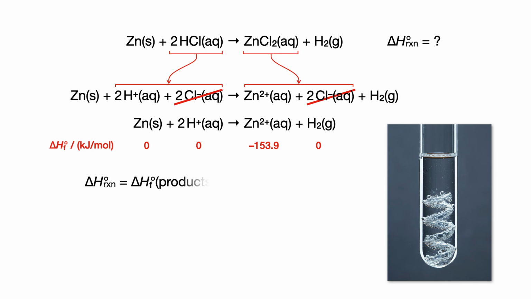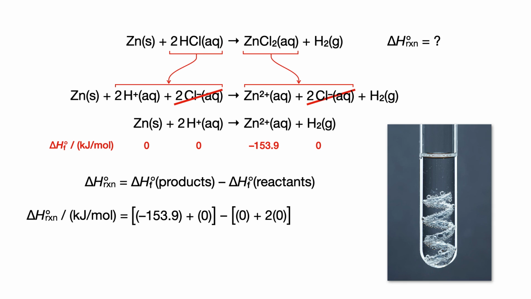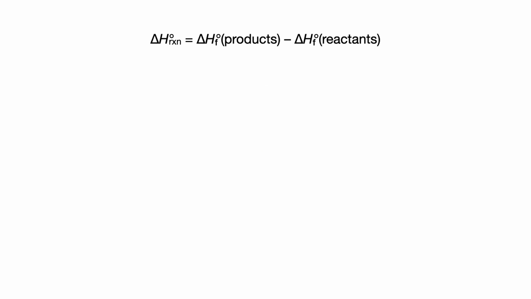And so now we can take these numbers, put them into our formula, and find that the standard enthalpy of reaction for this process is negative 153.9 kilojoules per mole.